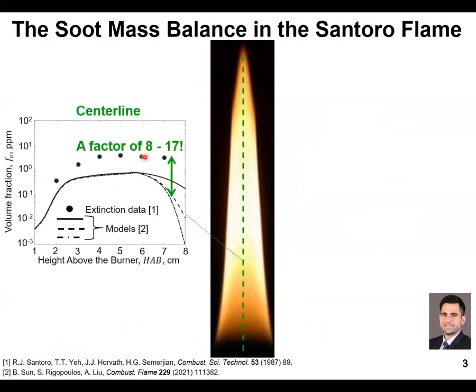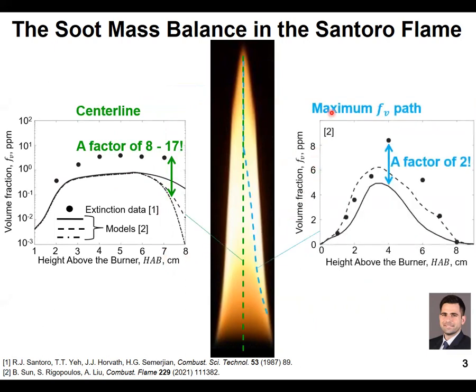For example, at the centerline of this so-called Santoro flame, the soot volume fraction obtained from light extinction data was between 8 to 17 times larger than the volume fractions derived by combustion models that were published just earlier this year. Similarly, at the maximum volume fraction path of this flame, the volume fractions obtained from light extinction measurements were up to 2 times larger than those derived by combustion models.